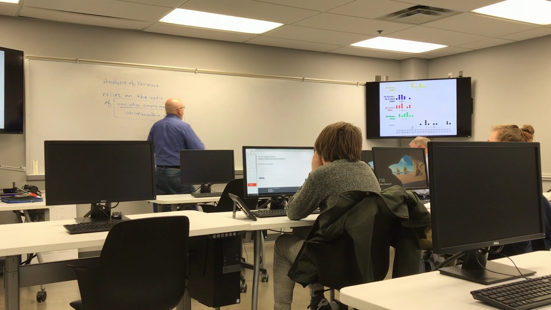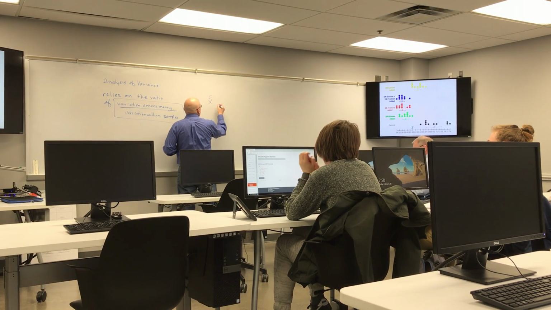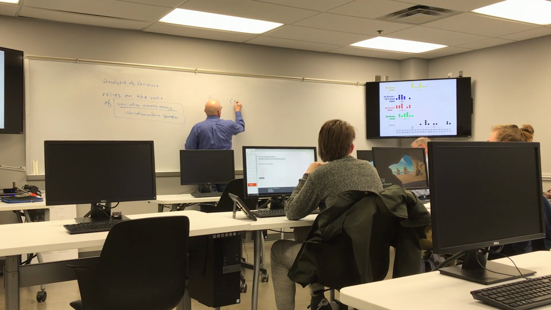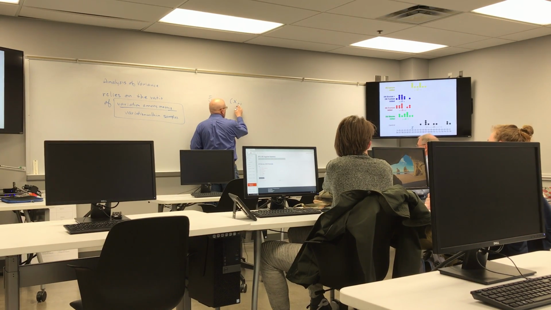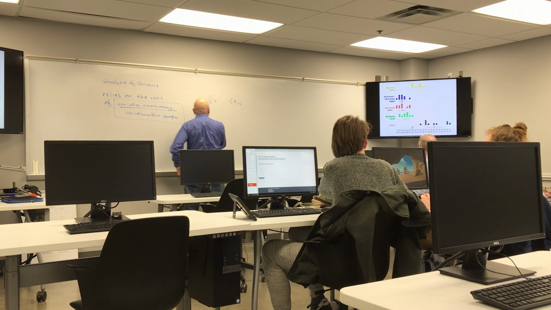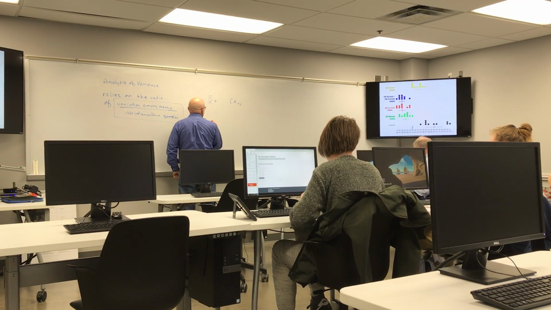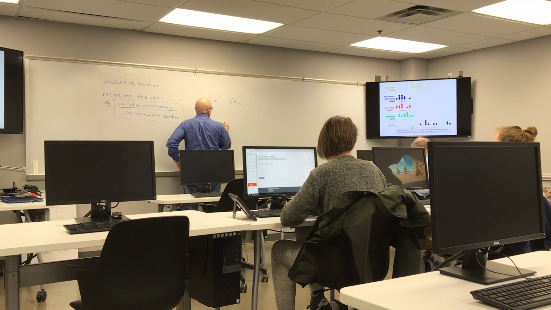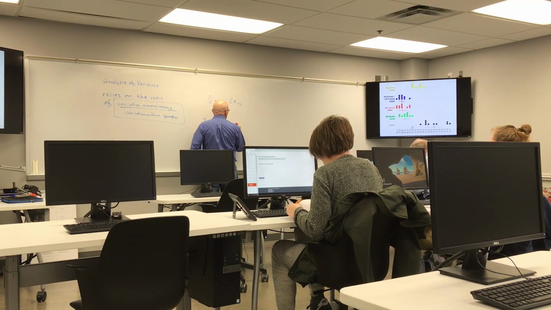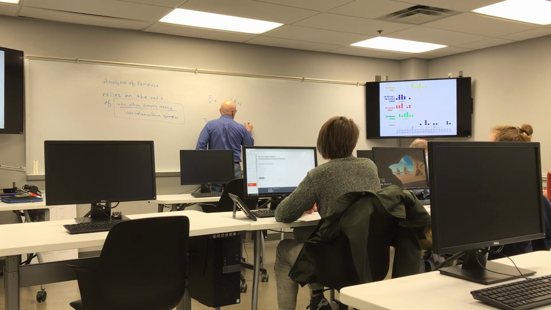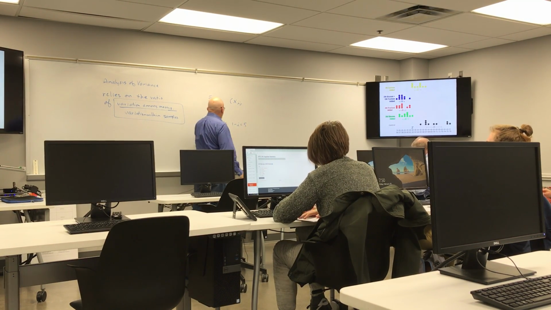So the grand mean is simply the mean of the jth observation of the ith treatment. So in this case, treatments vary from 1 to I, and there are 5 of them. So I in this case is 5.